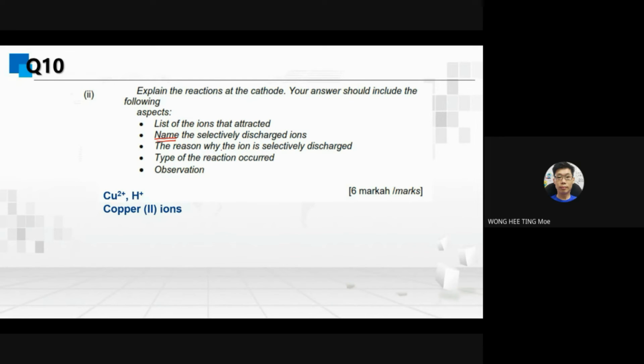The reason why the ion is selectively discharged. So what is the reason? The E value for copper ions is more positive than for hydrogen.